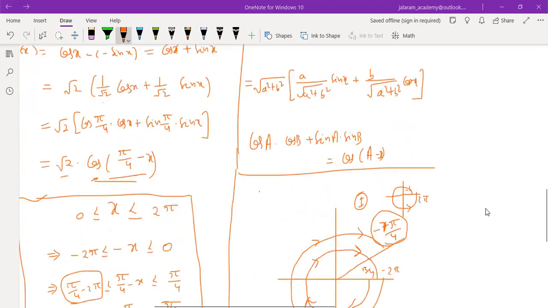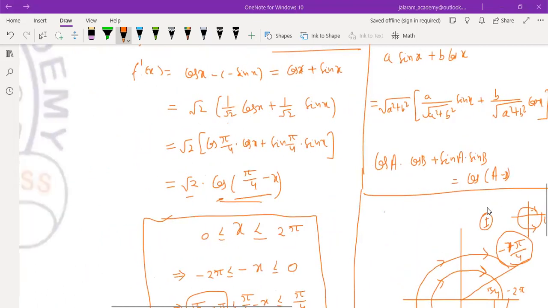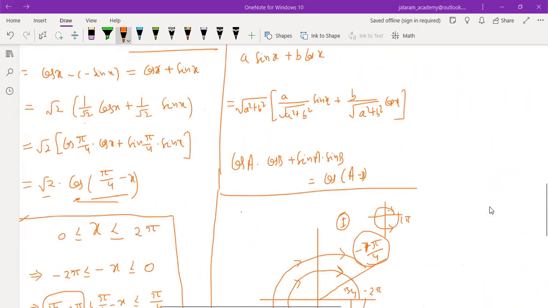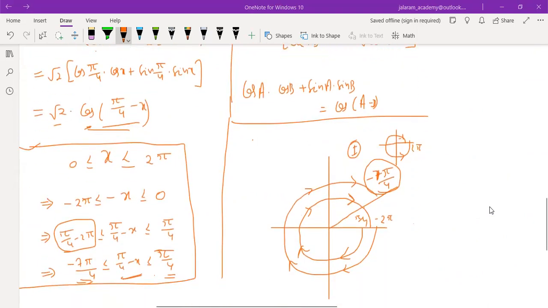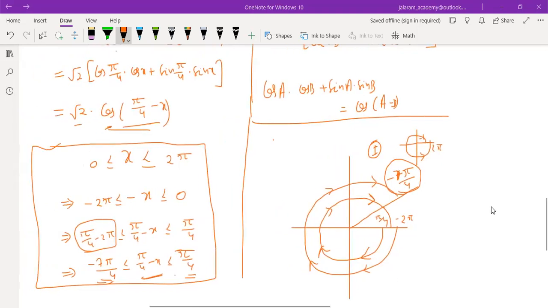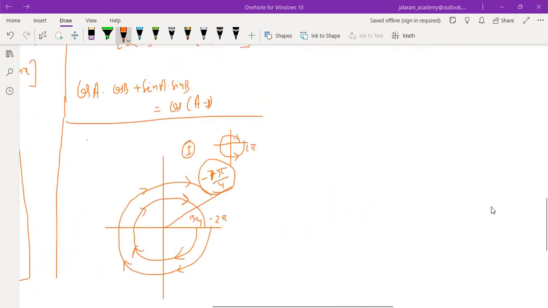Both the angles are the same in the interval 0 to 2 pi. Means it is throughout positive, na? Yes, sir.